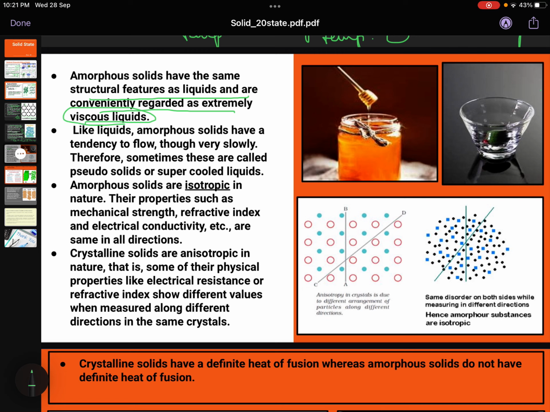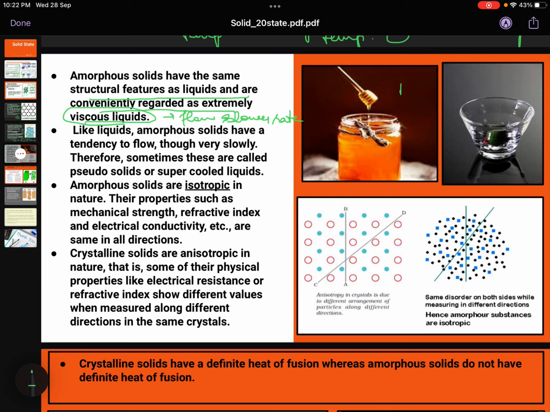Viscous liquids are those which have the ability to flow, but they flow at a slower rate, with some resistance.